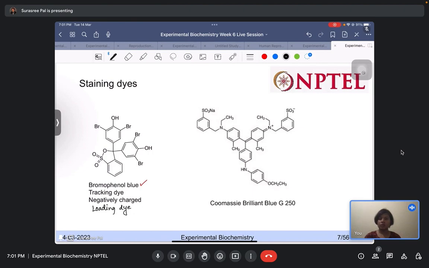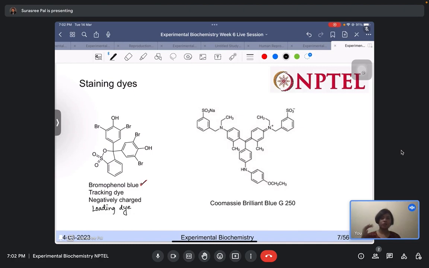When we run the gel, bromophenol blue migrates fastest, so it migrates below our proteins, and since it is blue in color, we will be able to track how much our gel has run.